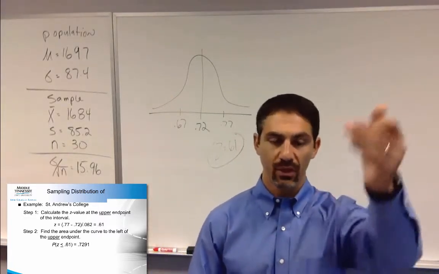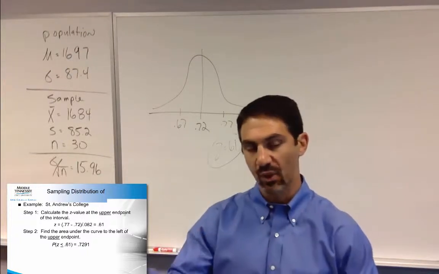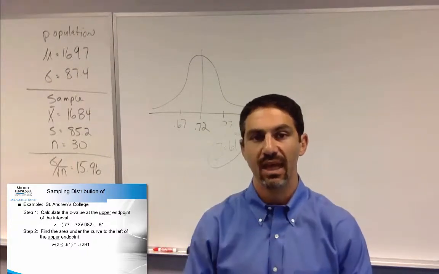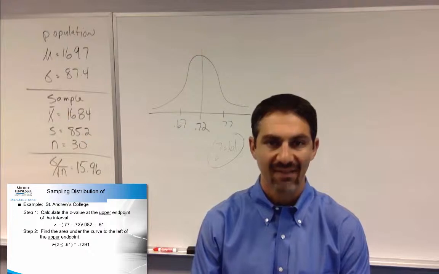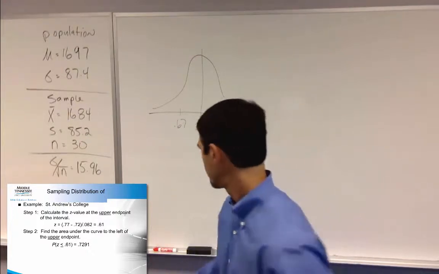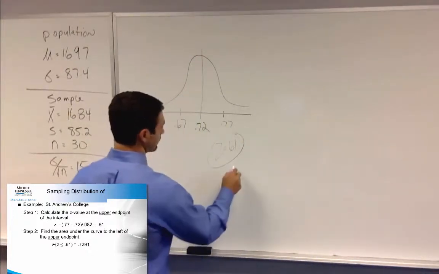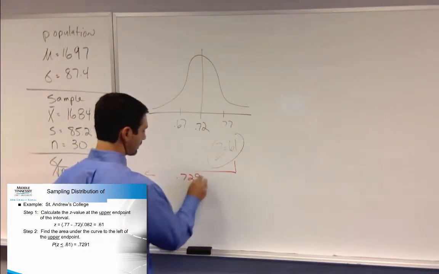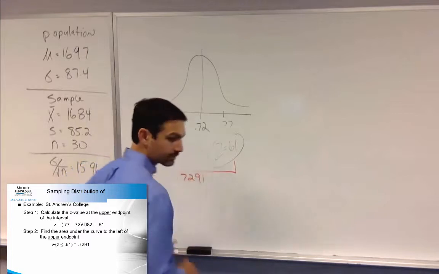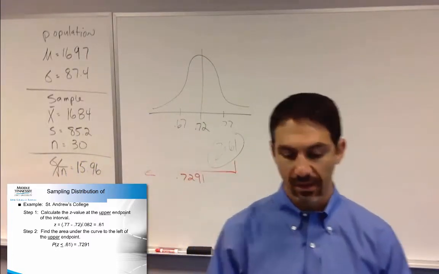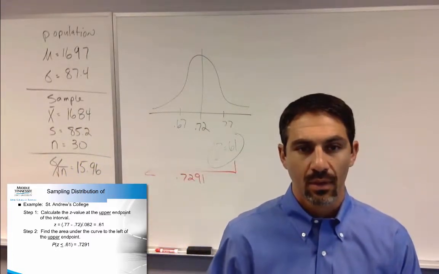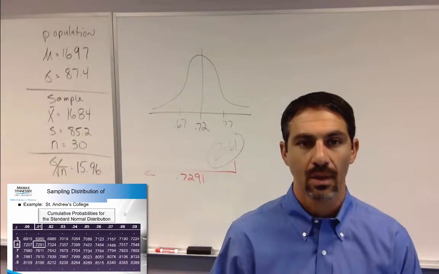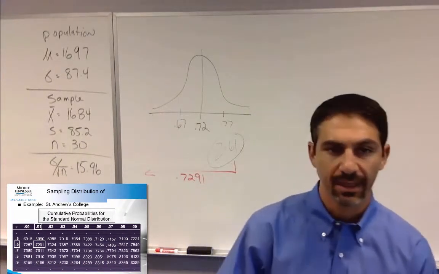We look at our table, we go down to 0.6, over to 0.01, and we get a probability of 0.7291, as you see up there. And that's where you can find that probability.